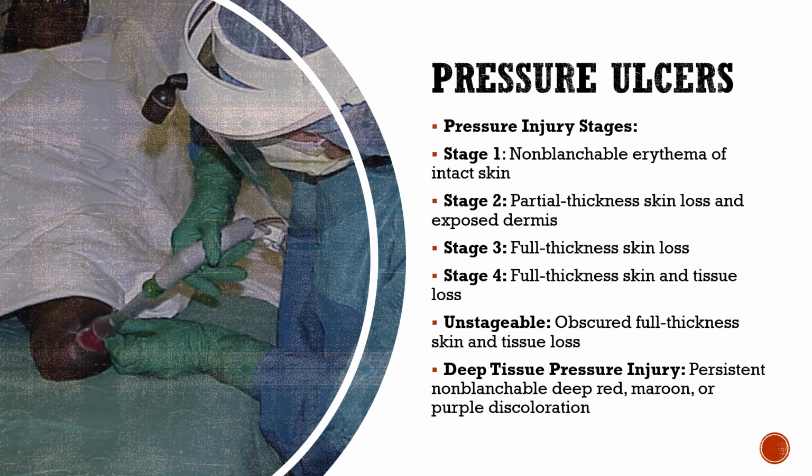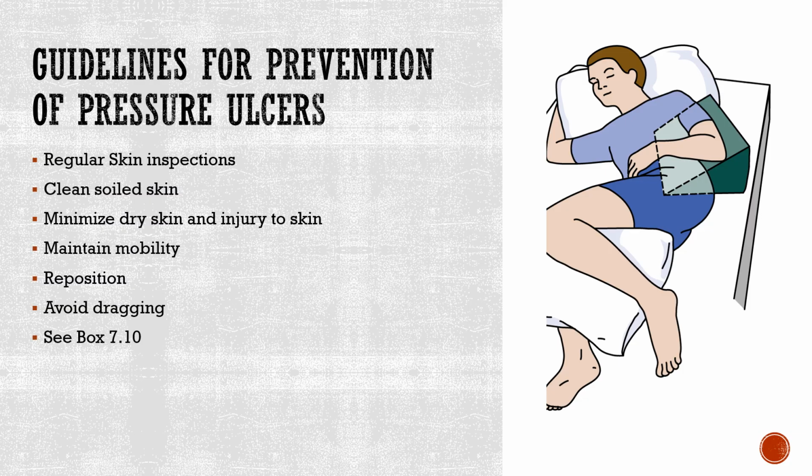Deep tissue pressure injury is a persistent deep red, maroon, or purple discoloration of intact or non-intact skin, often preceded by pain and temperature changes, and caused by intense or prolonged pressure and shear at the bone-muscle interface. Guidelines for prevention of pressure ulcers include regular skin inspections, cleaning soiled skin, minimizing dry skin and injury to skin, maintaining mobility, repositioning, and avoiding dragging.